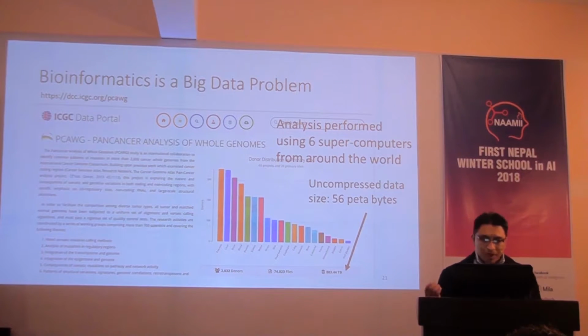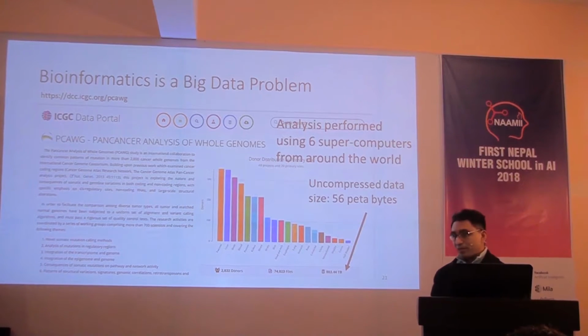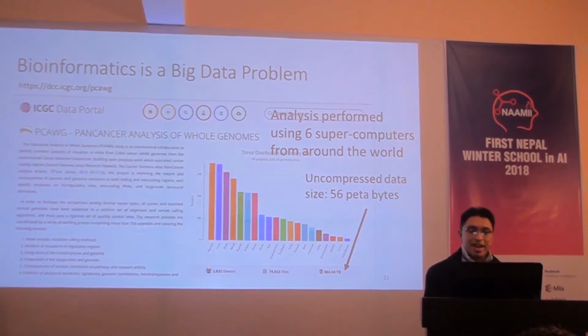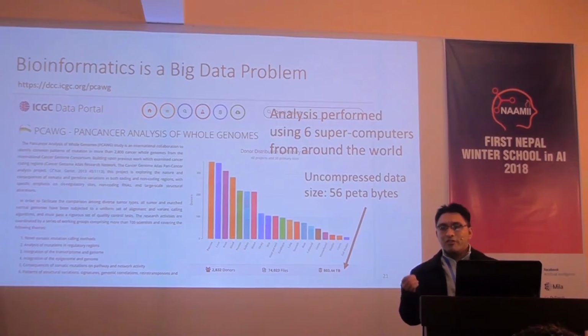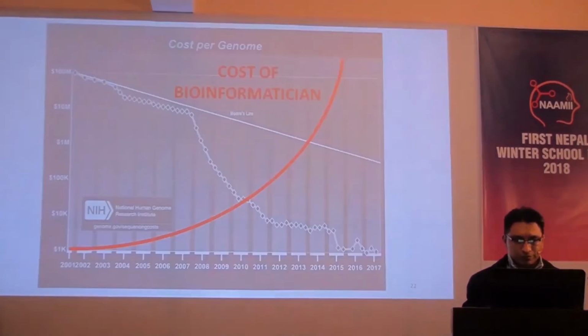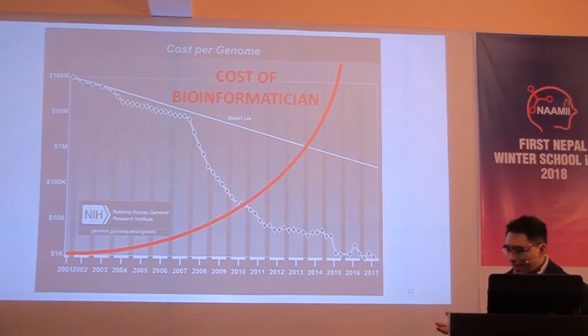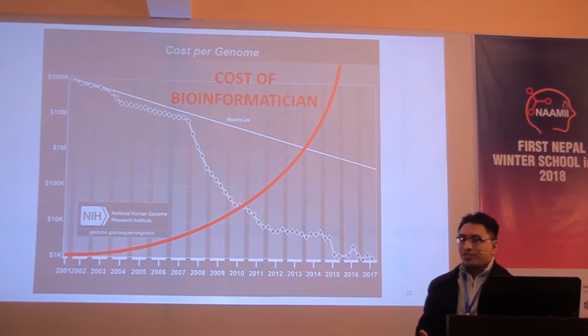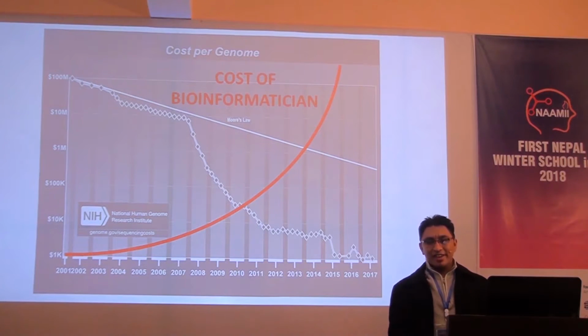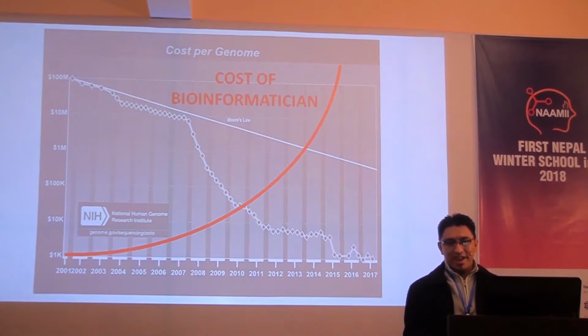So my point here is that bioinformatics is dealing with a big data problem, and that's where machine learning really plays a great role. As I just said, the cost of sequencing is decreasing, the amount of data is increasing, and so is the cost of bioinformaticians.